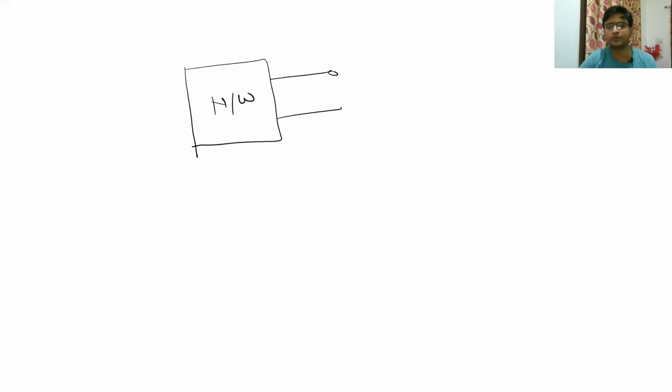If you know certain things like voltage at this terminal and voltage at this terminal and current entering this terminal and current entering this terminal, so if you can somehow relate these quantities V1, V2 and I1, I2 using a set of parameters, then you can actually define all the characteristics of this particular given network.